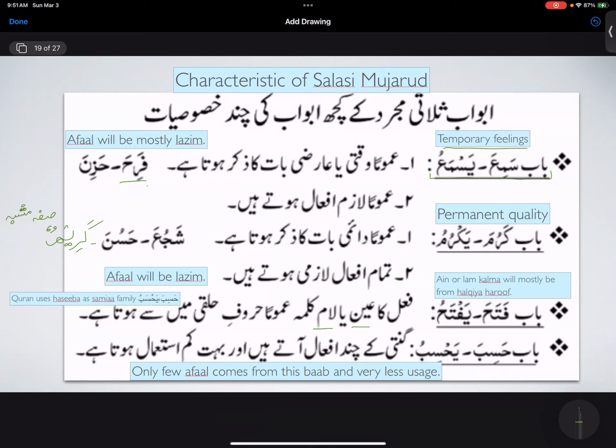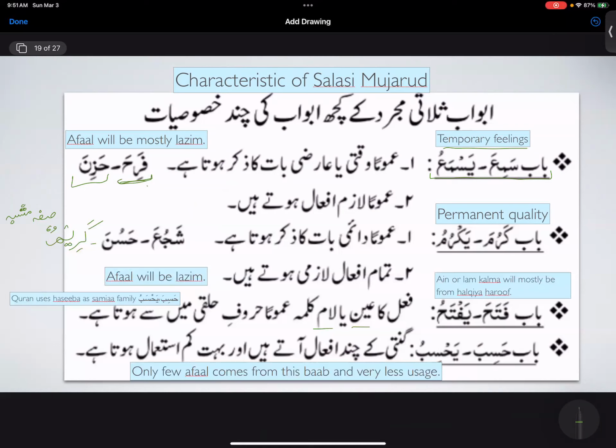We are happy, but this is not our state forever. So Fariha is a temporary feeling. Hazina, sad. Are our sadness and grief forever? No. So you will see that Samia Yasmau is basically used for temporary feelings.